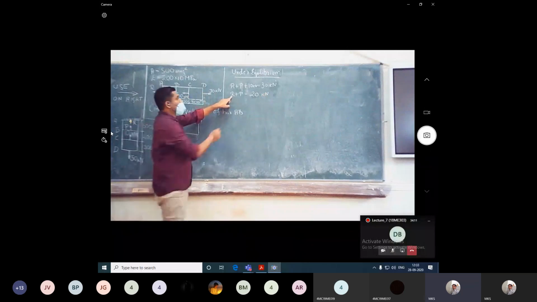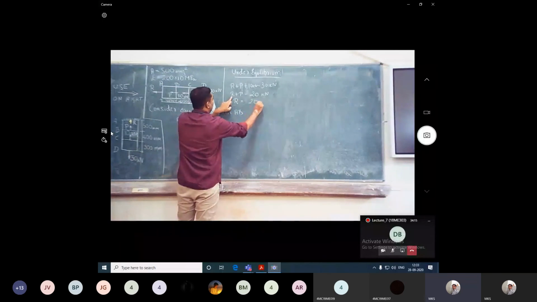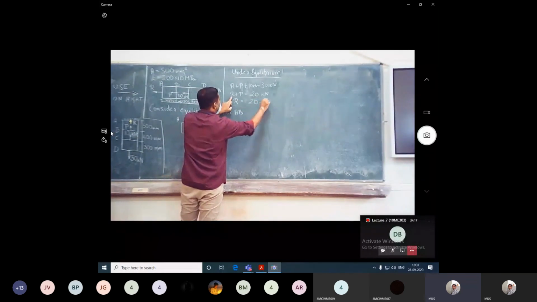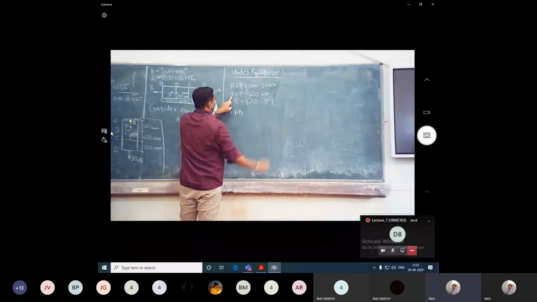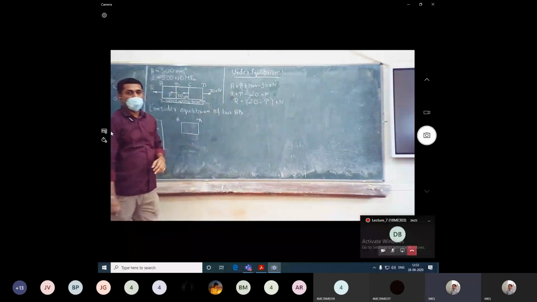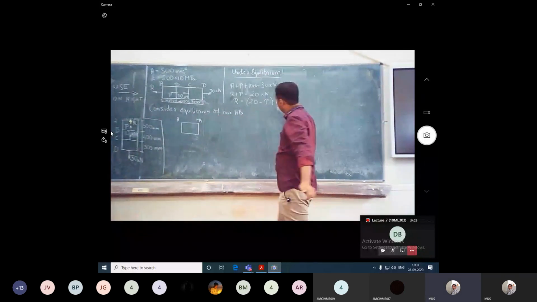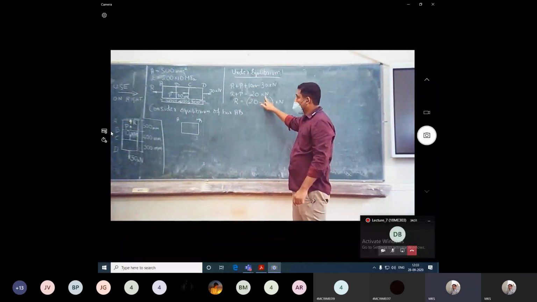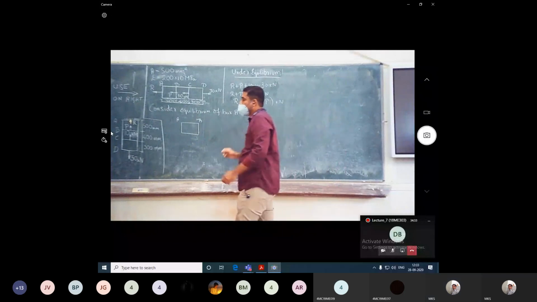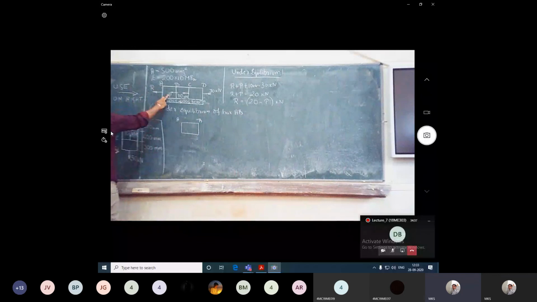So what is R? R is equal to 20 minus P, in kilonewton. The unit is kilonewton. First you find R in terms of P.